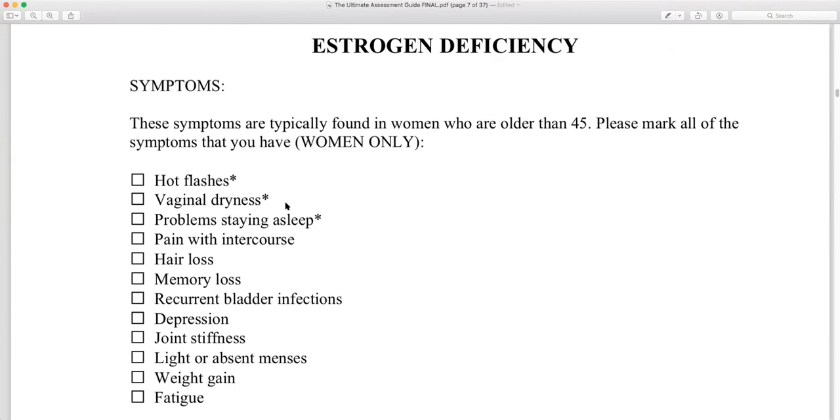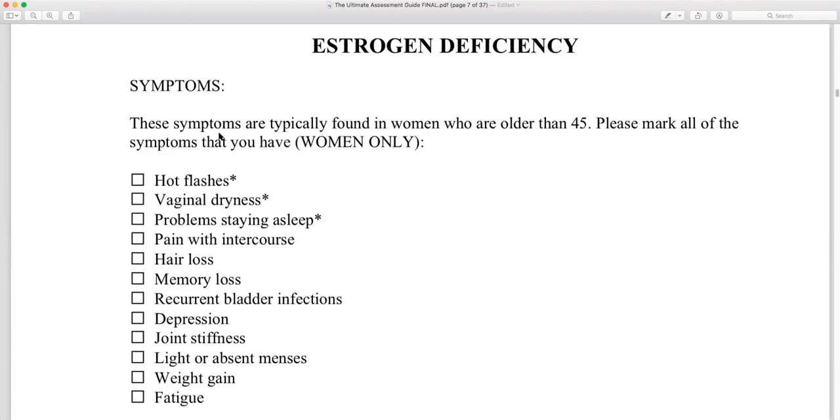So really the difference between someone who goes into menopause and has a problem and the person who doesn't has to do with how robust their adrenals are, and consequently also their thyroid to support the adrenals so that it can take over the production of a lot of the sex hormones. But this is mainly found in women who are older than 45, moving into menopause.